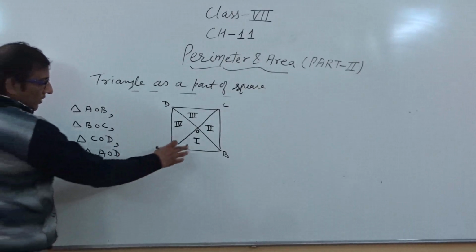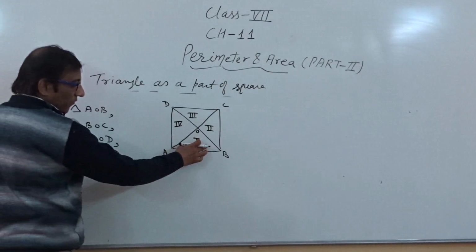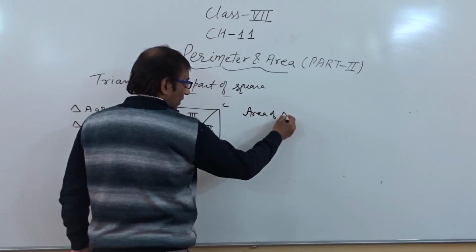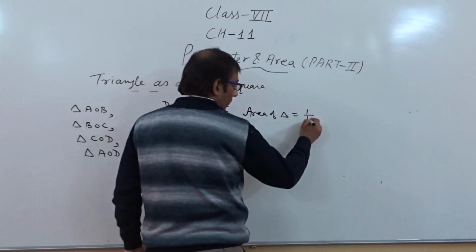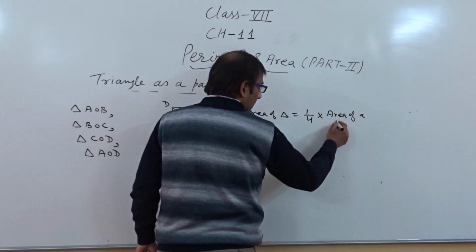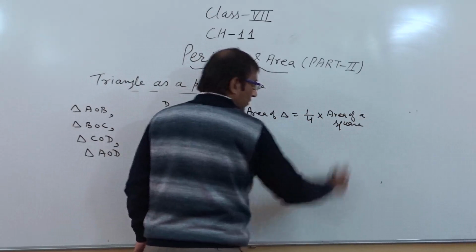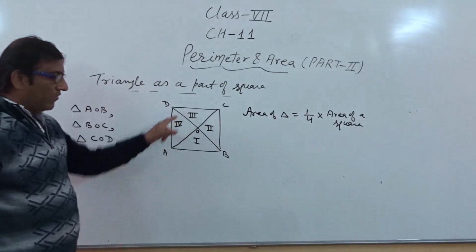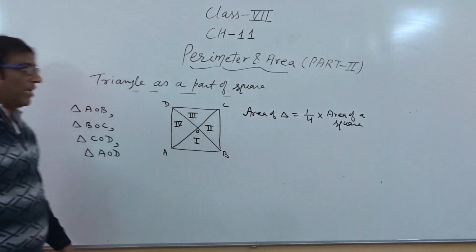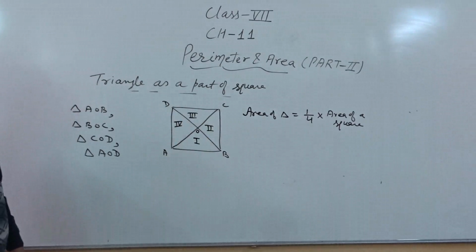And we can say the area of each triangle is equal to 1/4 into area of a square, because four parts are there, 1, 2, 3 and 4. That's why we will write area of triangle equals 1/4 into area of a square.